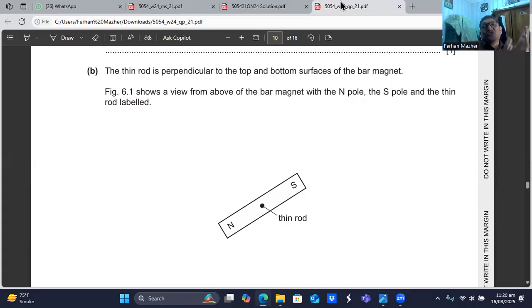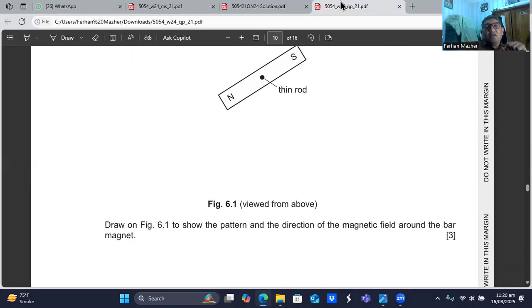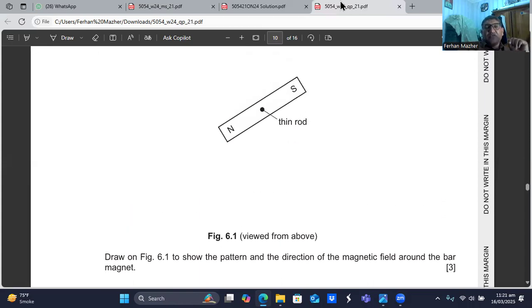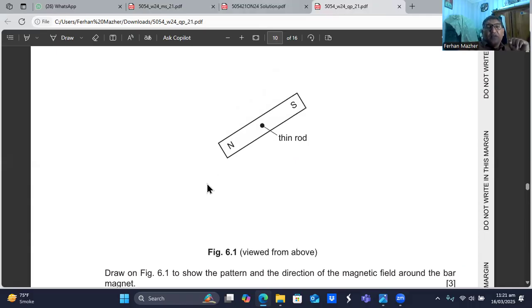Figure 6.1 shows a view from above of the bar magnet with the north pole and the south pole and the thin rod labelled. Okay, they draw on the figure 6.1 to show the pattern and direction of the magnetic field around the bar magnet. You see, the magnetic field always starts from the north, they come out and they go and they enter into the south.